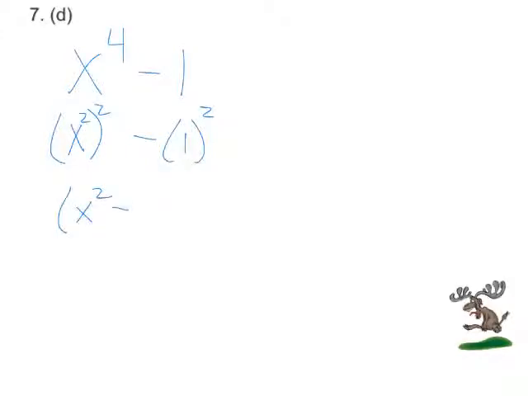All right, finally 7d, we have x to the fourth minus 1, and this looks like a difference of squares as well. If you're not seeing it, what we have is x squared squared minus 1 squared. And since we have a difference of squares, we can write that as the first minus the second times the first plus the second.